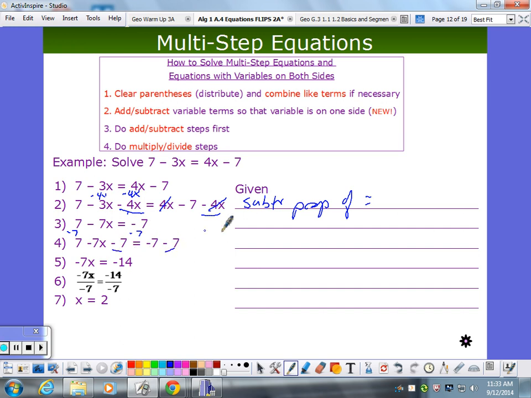That's what I'm doing next. Again, subtraction property of equality. And I get this comes to -14, and this is -7x. Divide by -7, and I get my x equals 2.